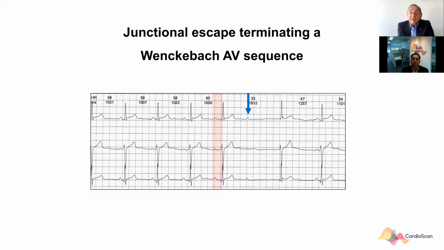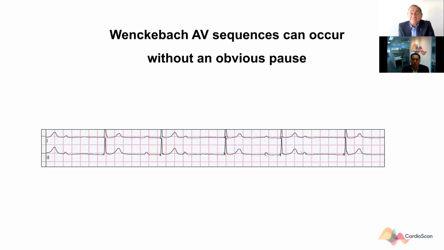This is because there is a junctional escape beat here with the yellow highlight, which comes in before the next sinus beat. You can actually see the P wave. It's at the very beginning of the QRS, and therefore the drop, there is another drop beat which is concealed. So now we have two drop beats. Again, we would recognize this as Wenckebach AV block.